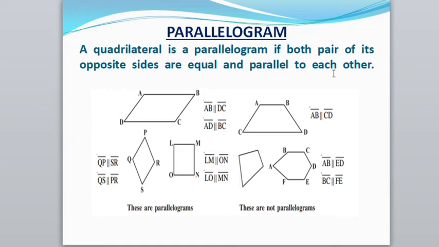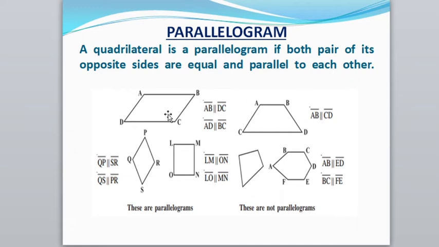So how can we say a quadrilateral is a parallelogram? When two pairs of opposite sides are present which are equal and parallel to each other.